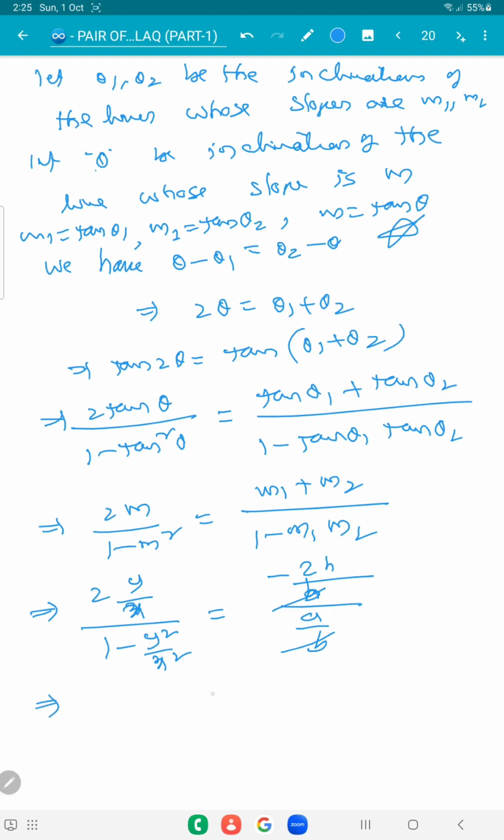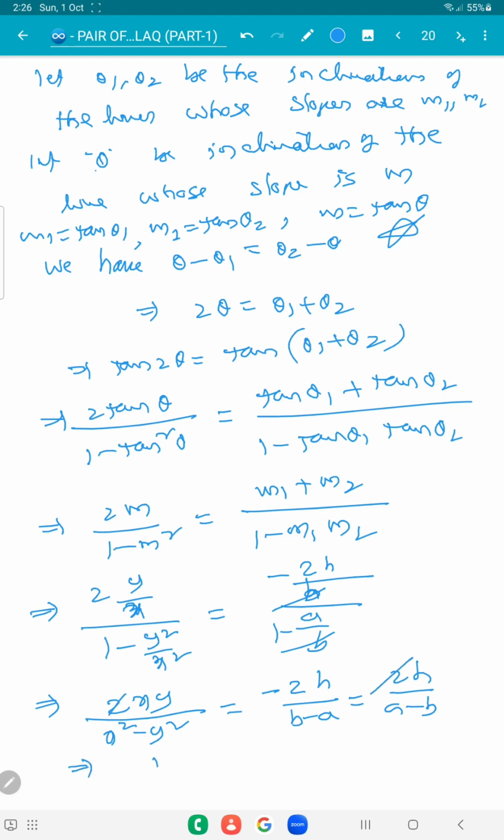We have, with x square as LCM, 2xy by x square minus y square is equal to minus 2h by b over 1 minus a by b, that is minus 2h by b minus a. This can be written as 2h by a minus b, the minus and 2 cancel, sir. Cross multiplication: h of x square minus y square is equal to a minus b into xy. This is the theorem.